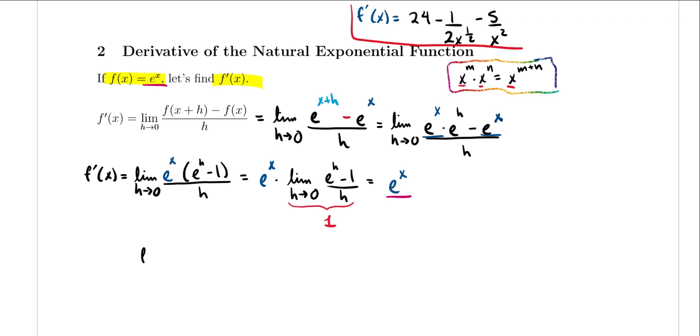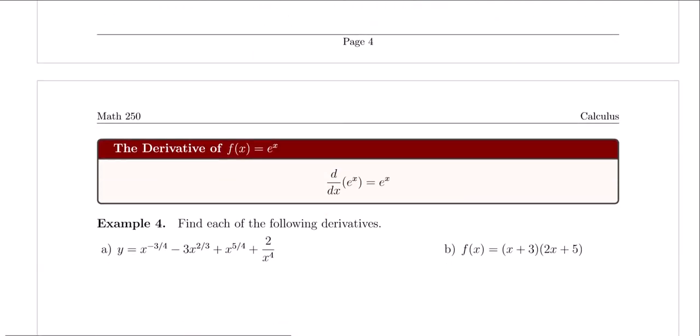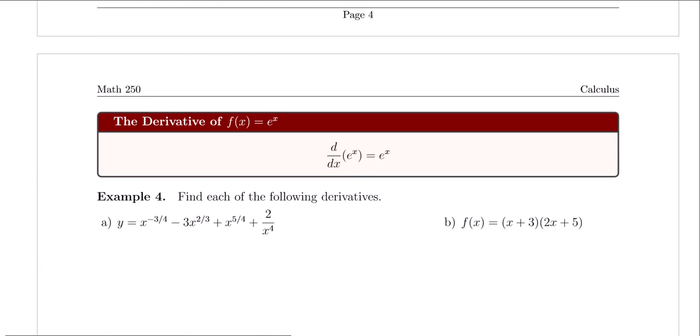So if we were given f of x is equal to e to the x, the derivative for e to the x is just e to the x. And that's what we have here as our last formula for this particular section at least. If you're given the function e to the x, the derivative of e to the x with respect to x is just e to the x.